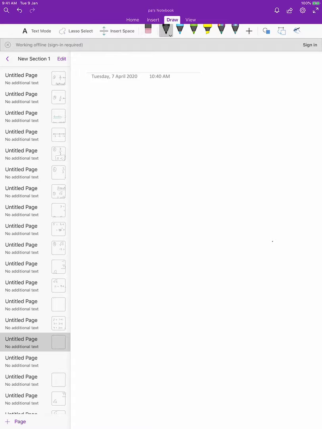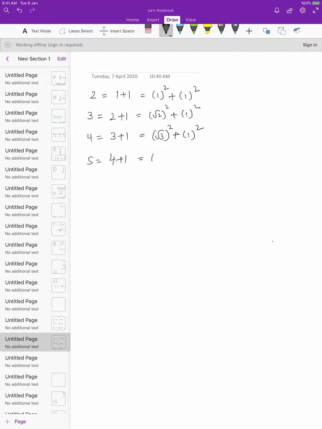Yes children, there is one more way of representing irrational numbers on the number line. Just pay attention. I can write 2 as 1 plus 1, which is equal to 1 square plus 1 square. 3 can be written as 2 plus 1, which is root 2 square plus 1 square. 4 can be written as 3 plus 1, which is root 3 square plus 1 square. 5 is equal to 4 plus 1, which is root 4 square plus 1 square.